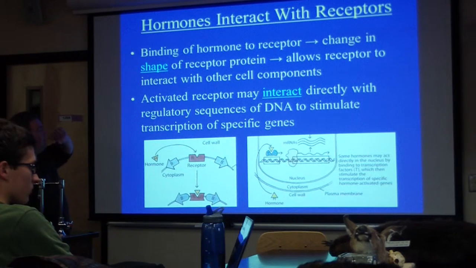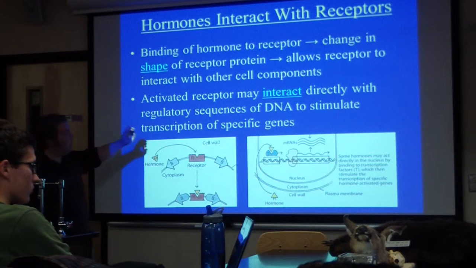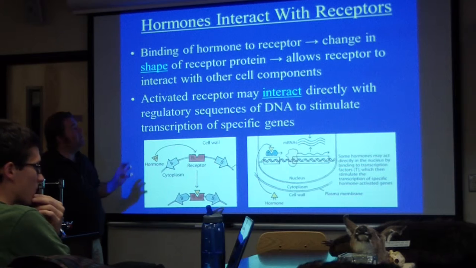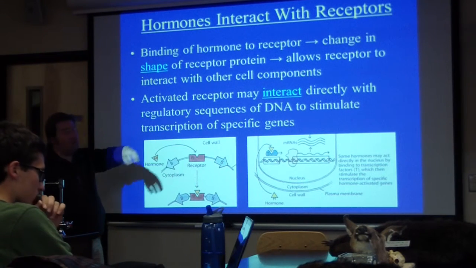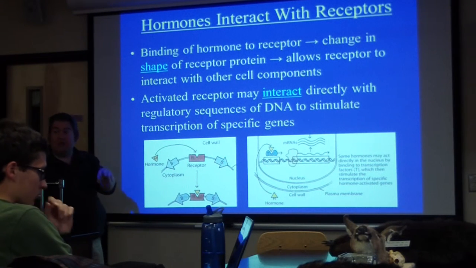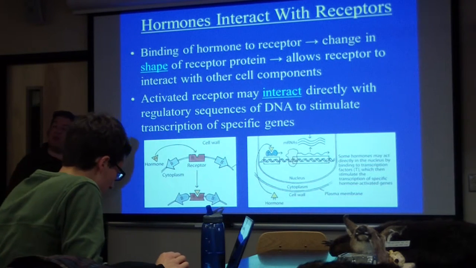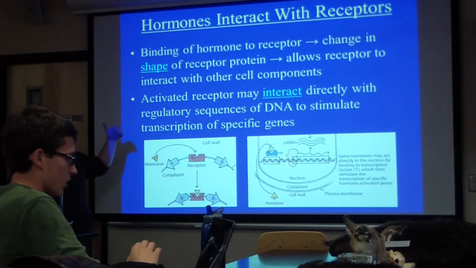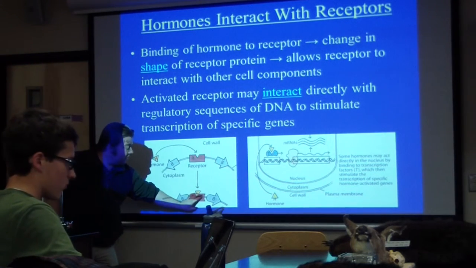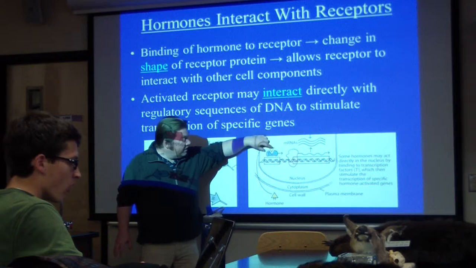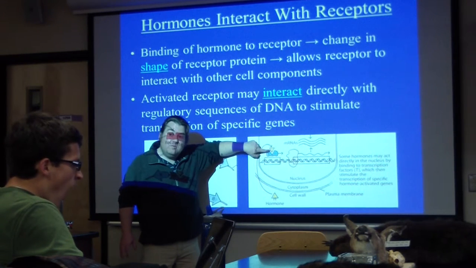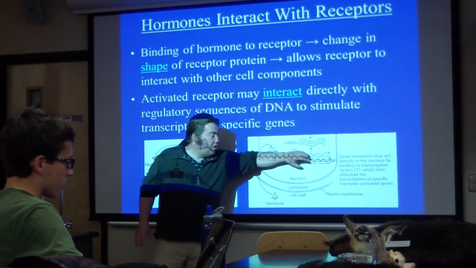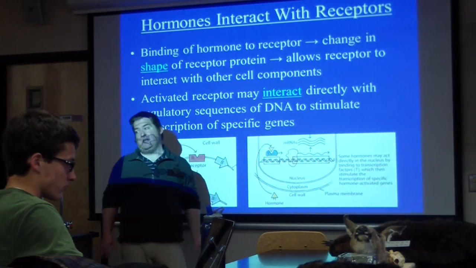I haven't told you this yet, but sometimes it's the receptor itself, that activated receptor itself, that may become the transcription factor directly. That's the example that I gave you with alpha amylase and gibberellic acid. That's sort of what I'm saying here. So sometimes this receptor, and look, here's the receptor and the hormone, behaves as a transcription factor to either turn on or repress this gene directly.